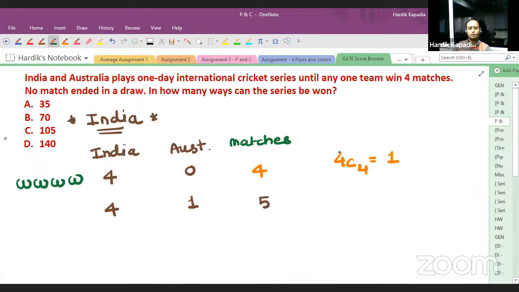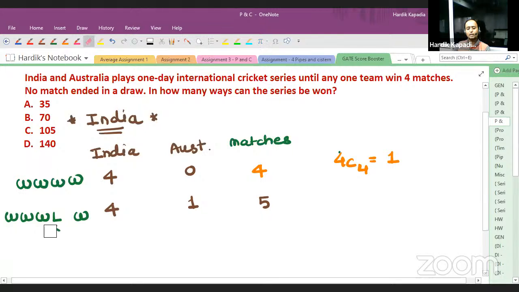Now, if there are 5 matches in which India wins 4 and Australia wins 1, then I write win, win, win, lose and win. I cannot write win over here. Why? If I write win here, then there are 4 matches and all 4 of them are won by India.